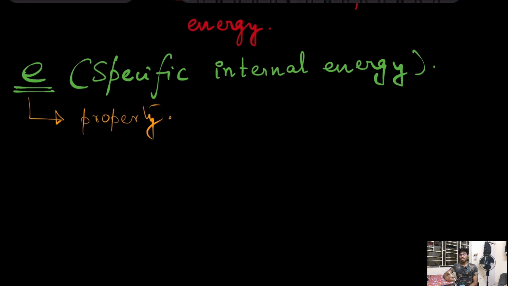So even if the total system is not in thermodynamic equilibrium with the environment, we assume that each and every point or particle within the system is in thermodynamic equilibrium, and because of this assumption only, we can define the thermodynamic state at each and every point.